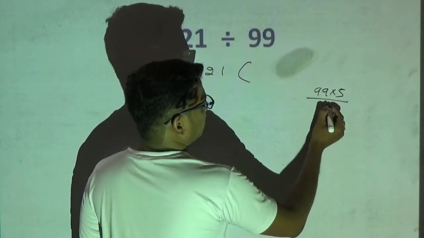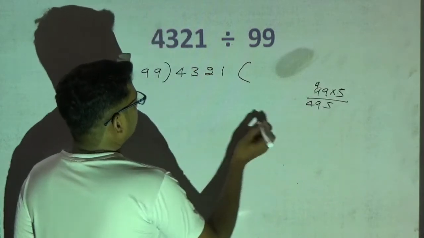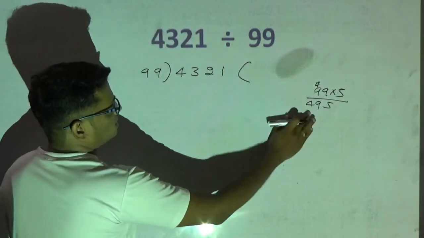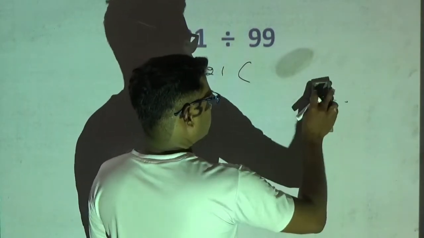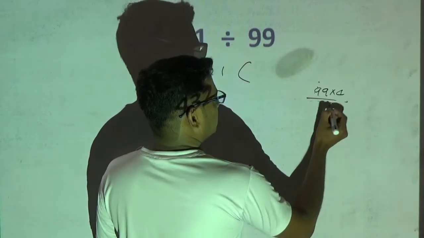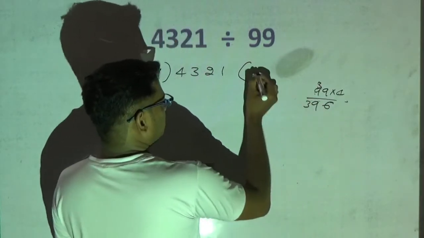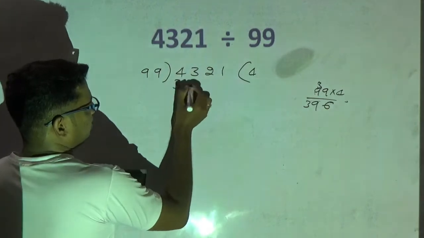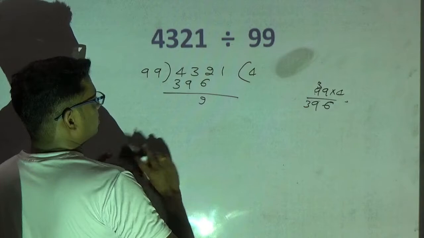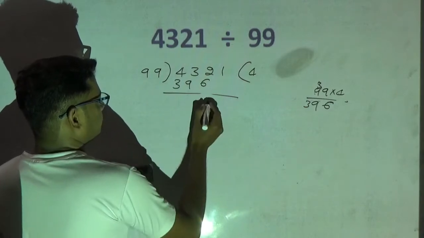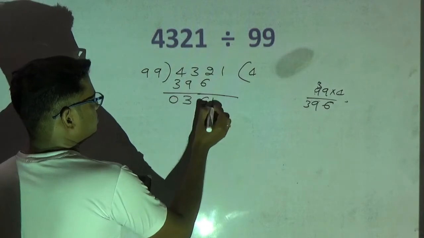9 5s are 45, 4 carry, 45 plus 4 is 49. Now I will see 432, this is bigger, so again trial and error, I will go by 4 now. 9 4s are 36, 3 carry, 36 plus 3 is 39. 4 times is 396, this will be 2, this is 6, this will be 3, this will be 0, this will be 1.